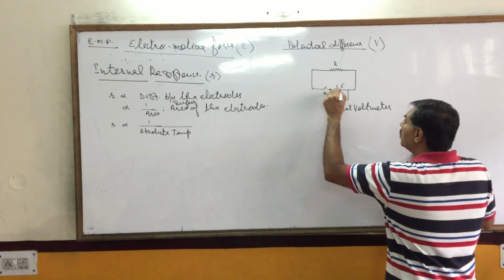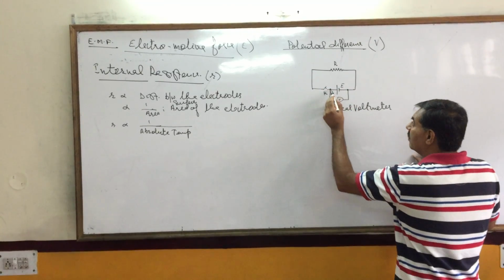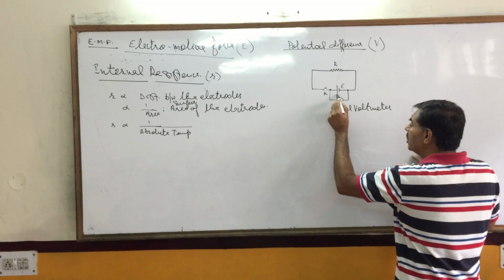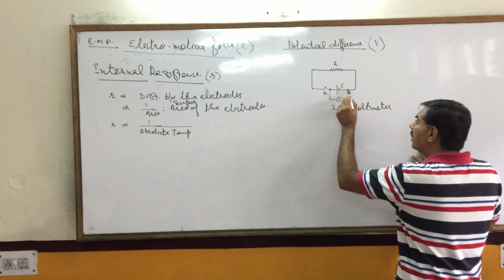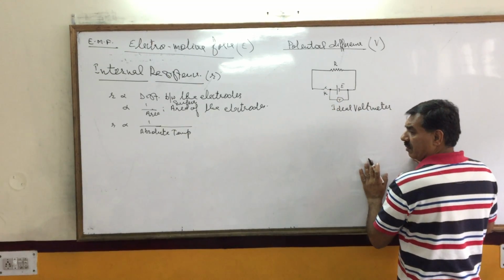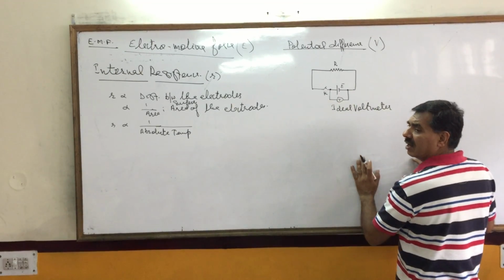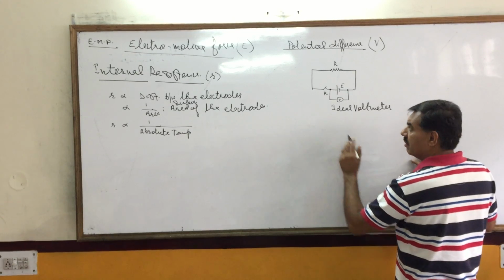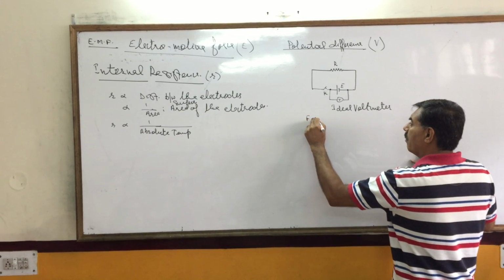It is connected between these 2 points. This point is at the same positive potential as the cell, and this point is the same as the negative potential. And at this time we are not drawing current from the cell. Okay?